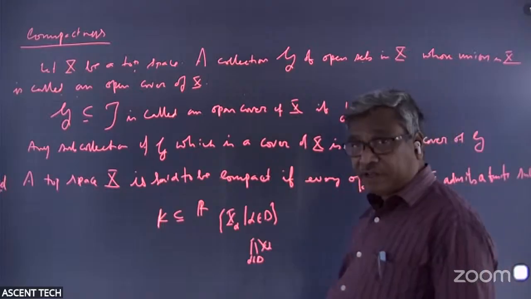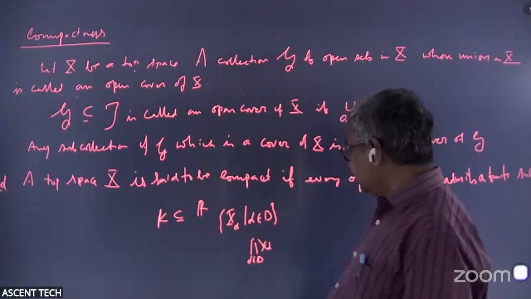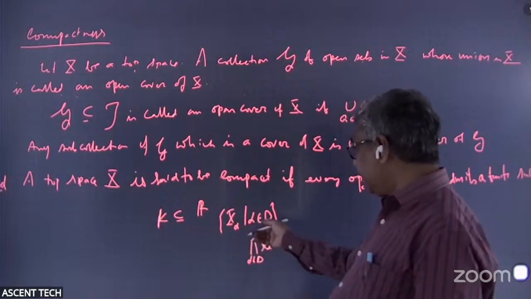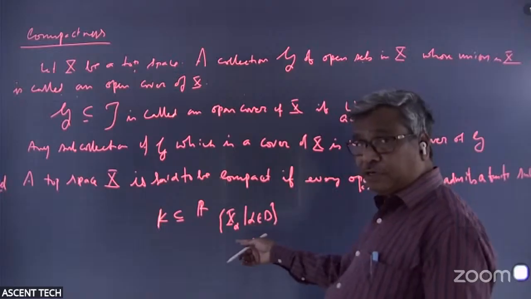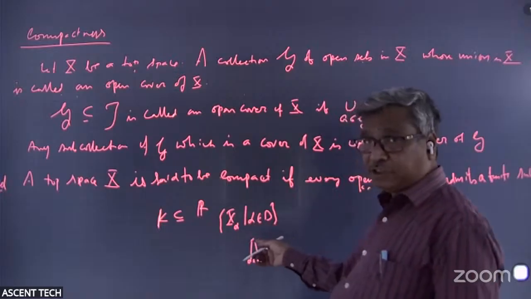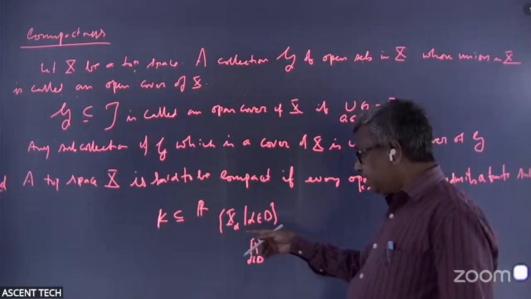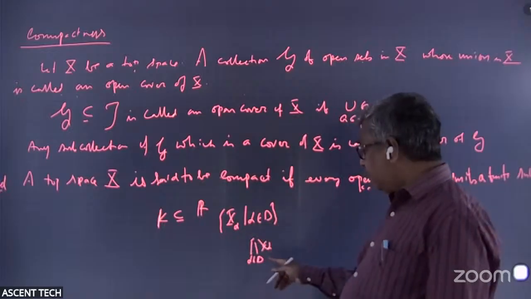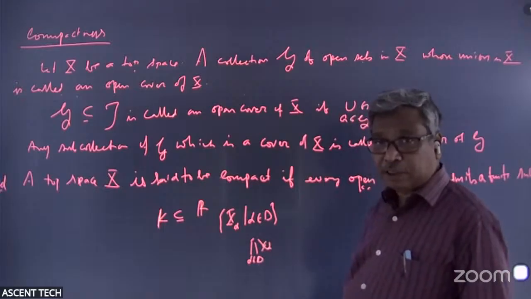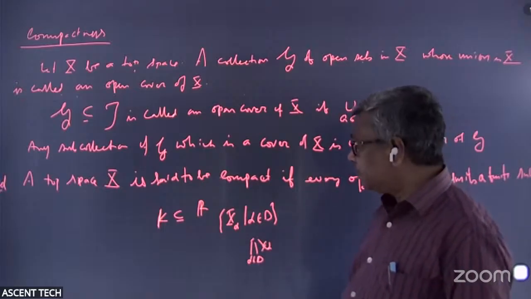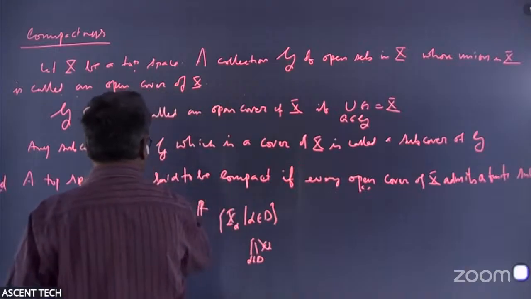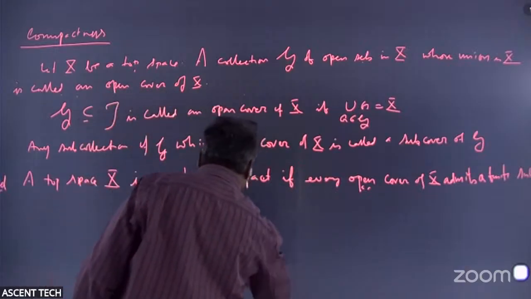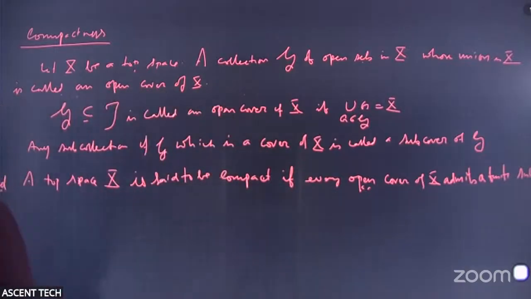It's called Tikhonov's theorem. It's interesting because you're taking not a finite collection, but an arbitrarily large, infinite collection. If X_alpha, alpha in the index set, is a family of compact sets, then the product with the product topology is compact. The box topology doesn't do the job.